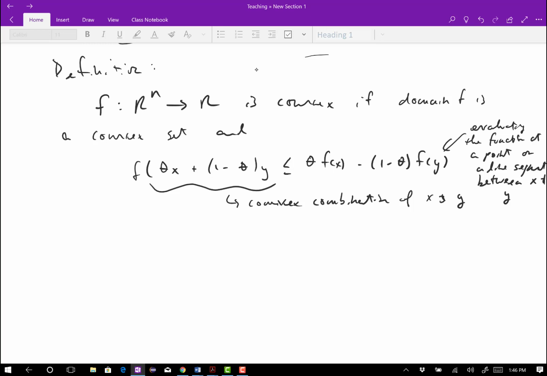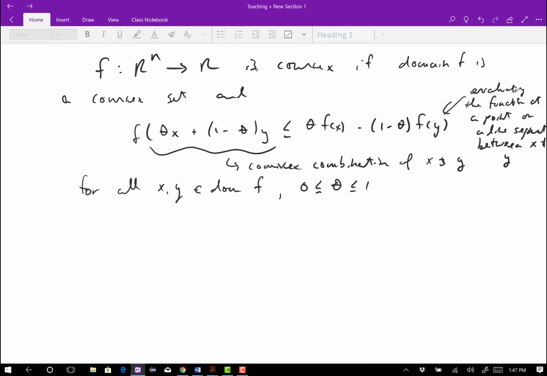And this has to hold true for all x and y in the domain of f, where theta is constrained to be between 0 and 1.